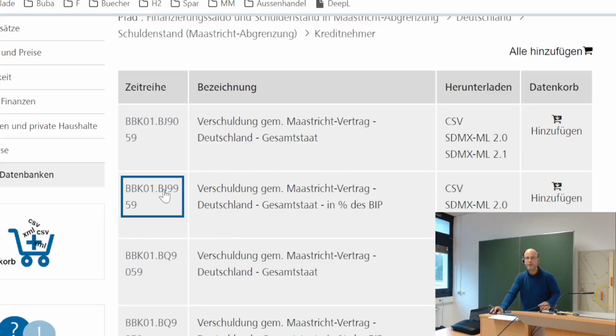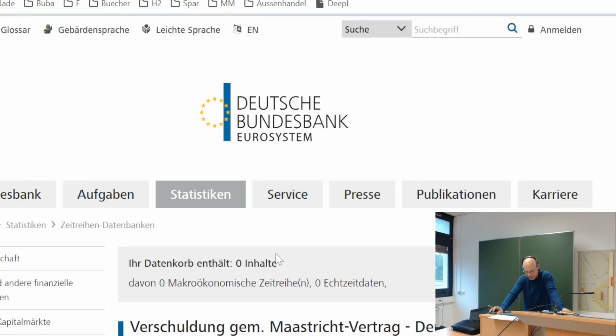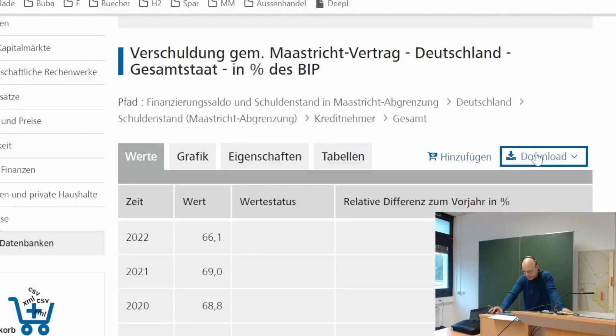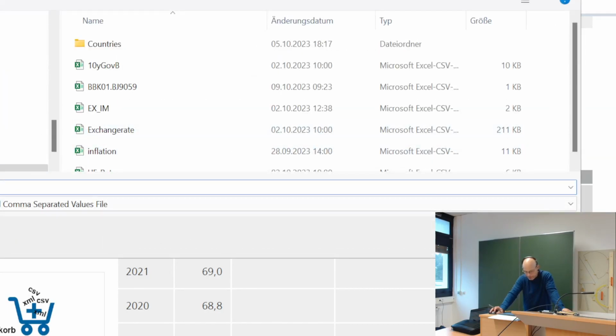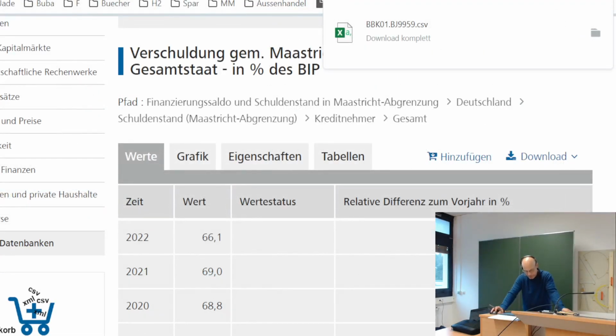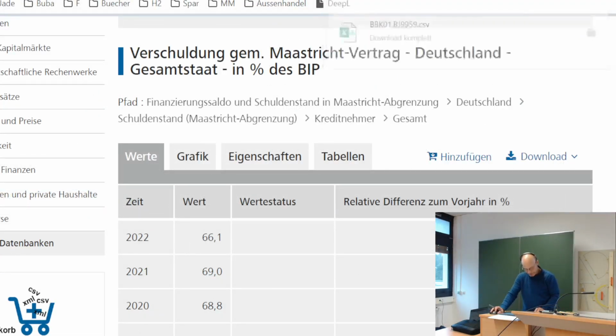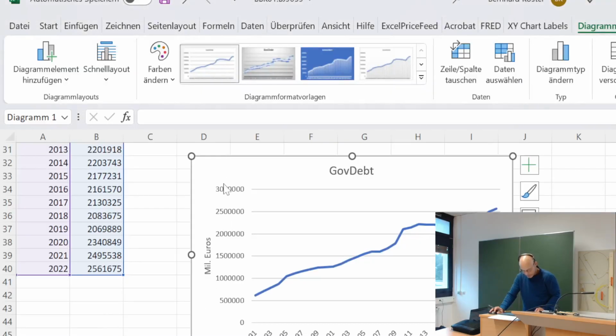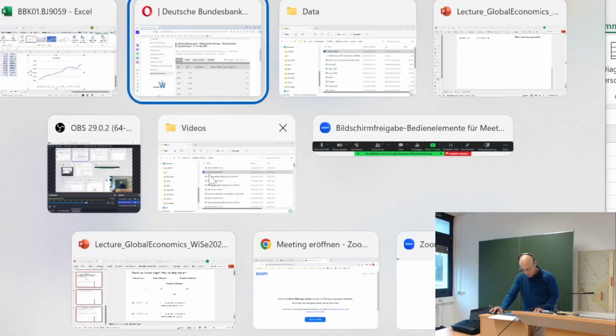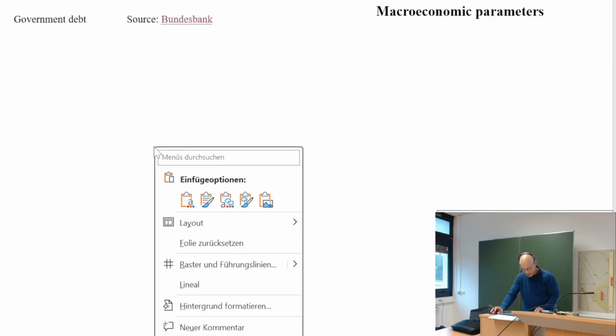And what is also interesting, not only the absolute value, but also relative to GDP. So I download this too. Take this one here.